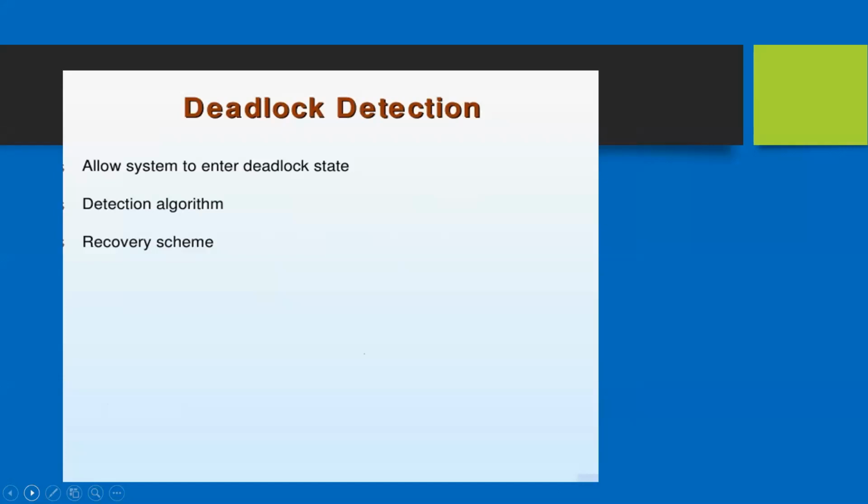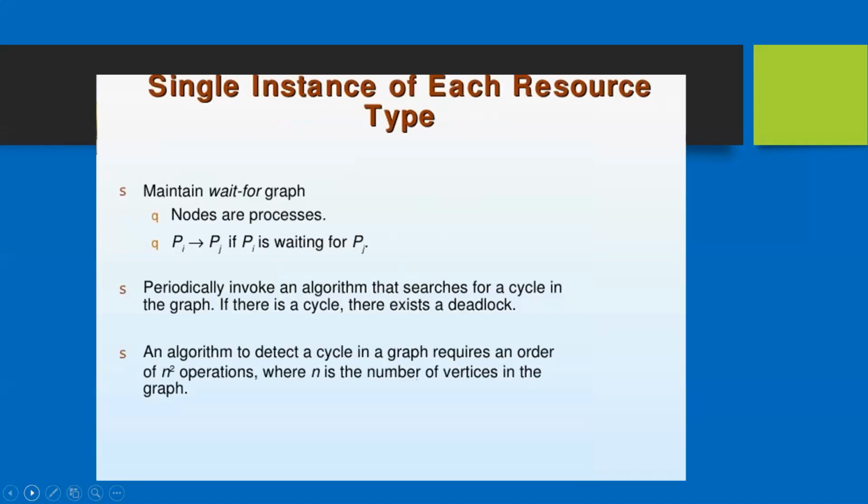Deadlock detection allows the system to enter a deadlock state. Then we use a detection algorithm and a removal scheme. Maintain a wait-for graph. What is a wait-for graph? An edge from Pi to Pj exists if Pi is waiting for Pj. That means checking if there is a cycle formation occurring.